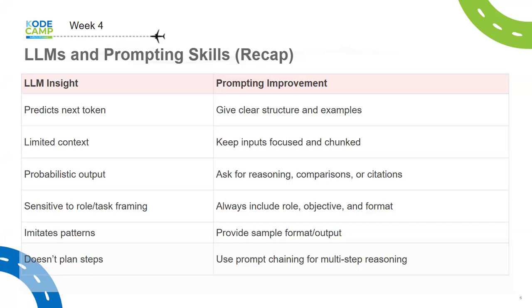So having an understanding of that means that you get a better output if you give a clear input, a clear structure with examples. The more clear and structured and specific your prompt is, the better the output you will get from the large language model.